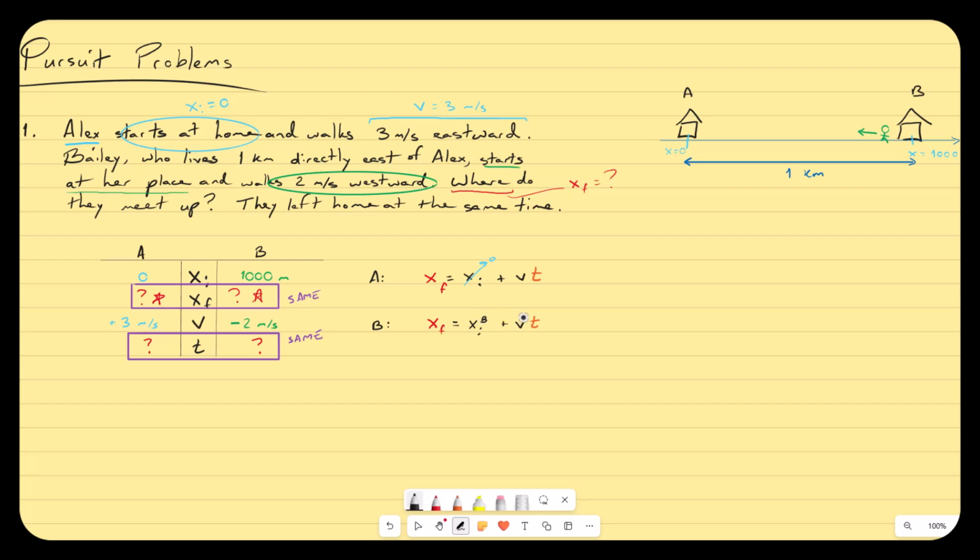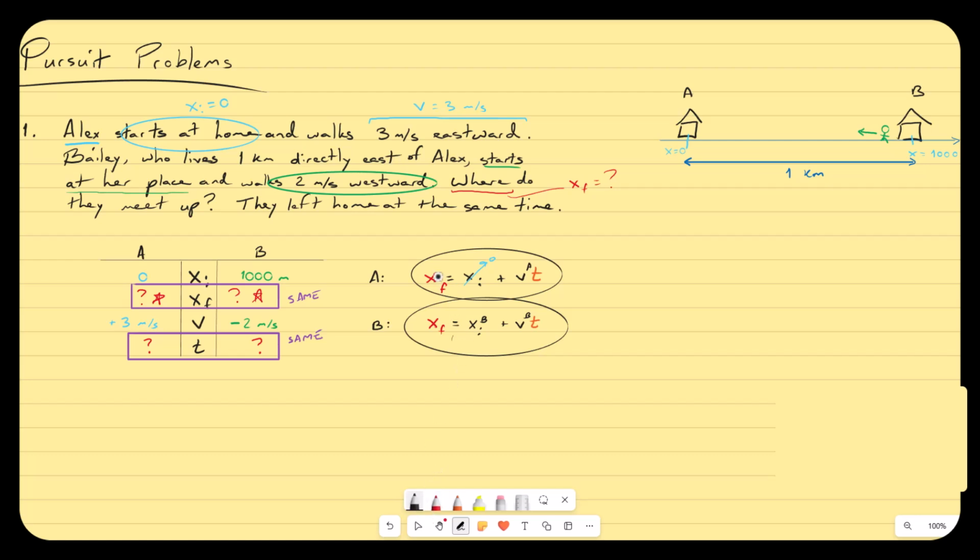I'm going to make sure to label this one v Bailey, v Alex. If they're in the same place at the same time, this x final is equal to that x final, I'm going to set this whole equation equal to this whole equation.